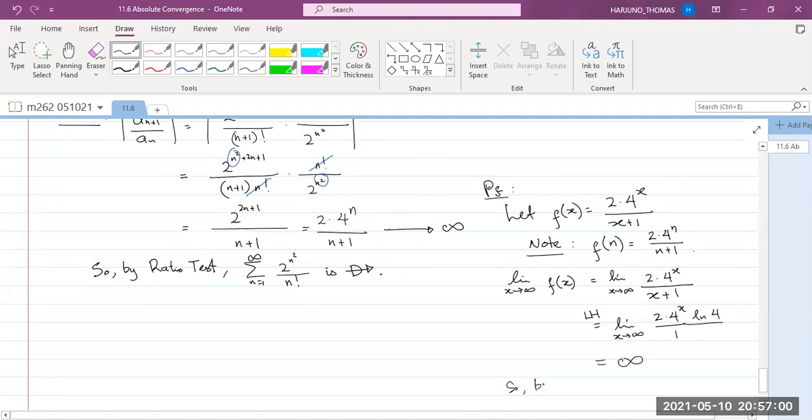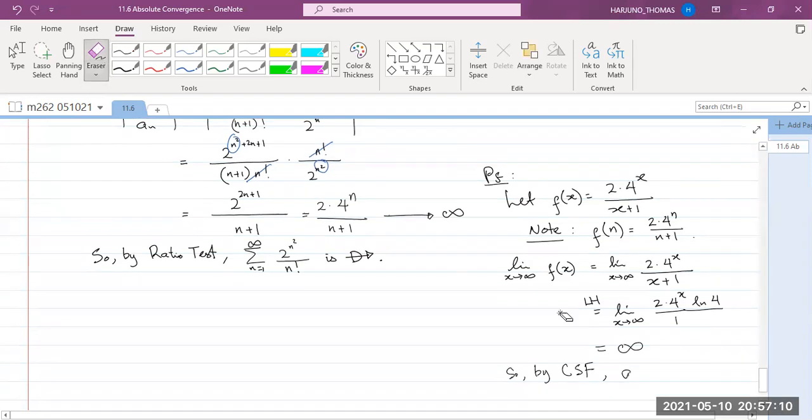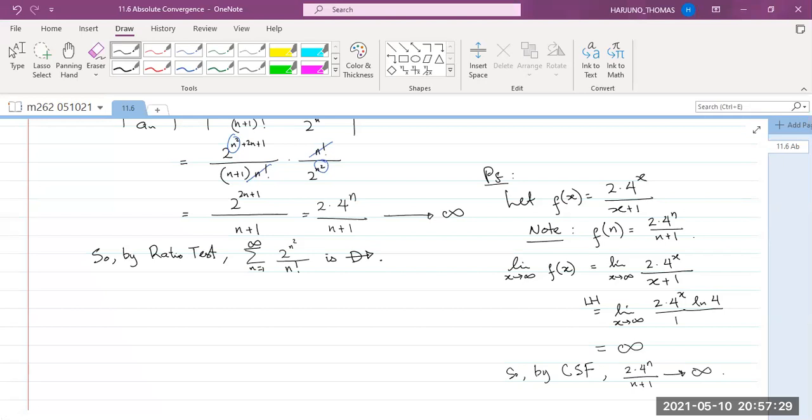So by the continuous function, a sub n, which in this case is 2 times 4 to the n over n plus 1, goes to infinity. Okay, that's for number 26.